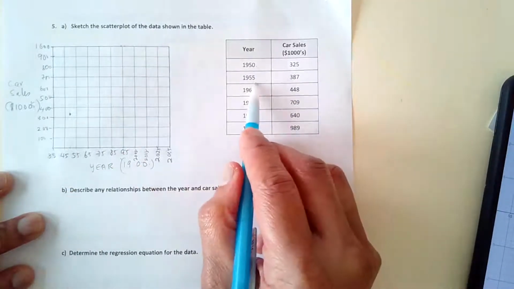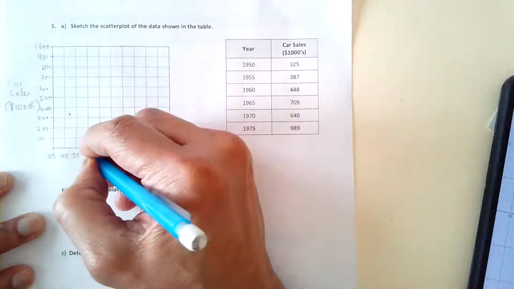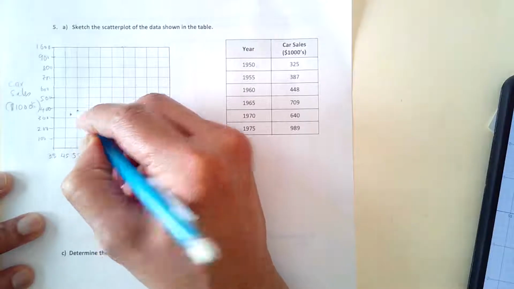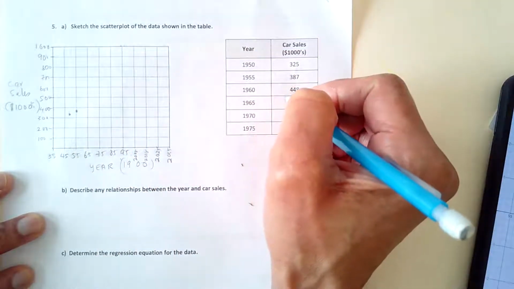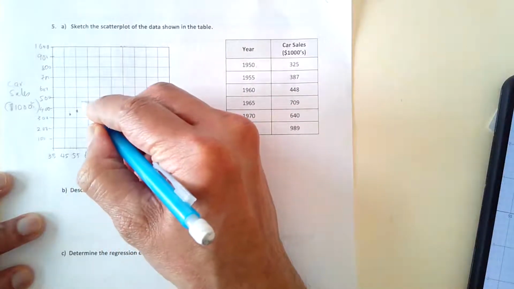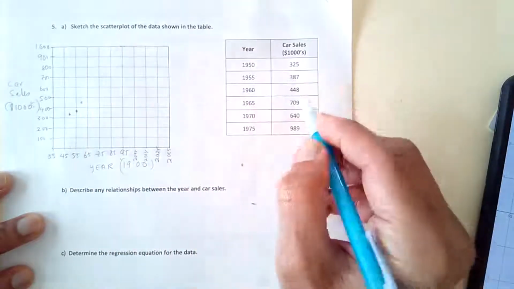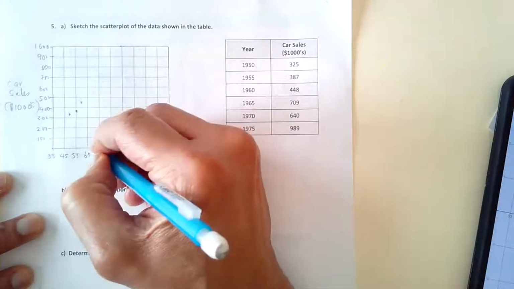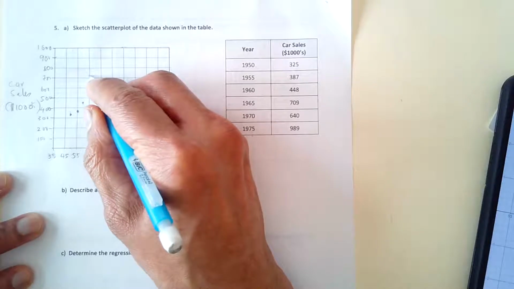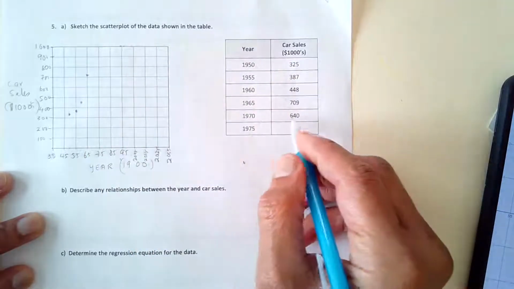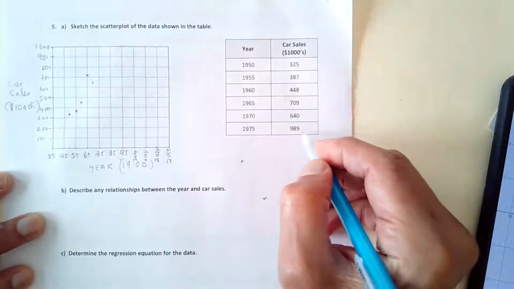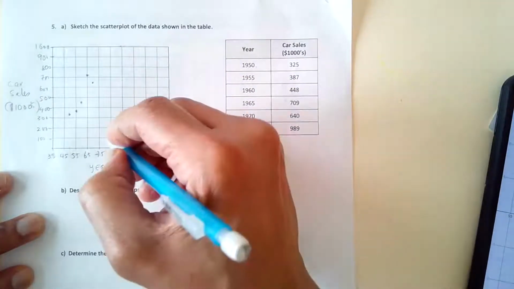Then we have 1955, 387, which would be about here. Next, 1960, 448, which is approximately here. 1965, 709. 1970, 640. And 1975, 989.